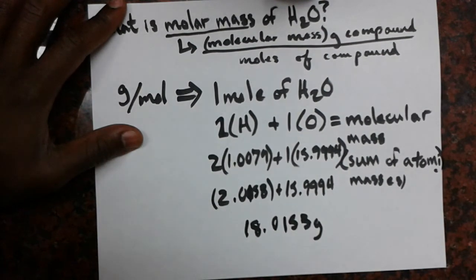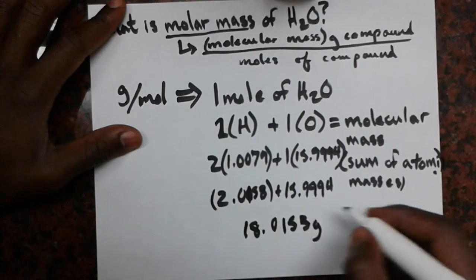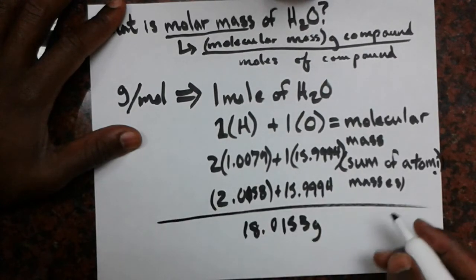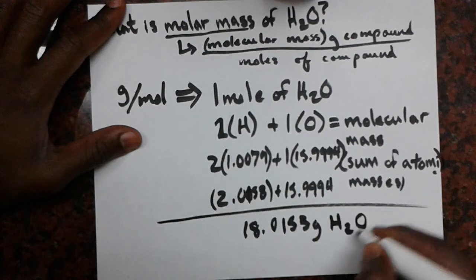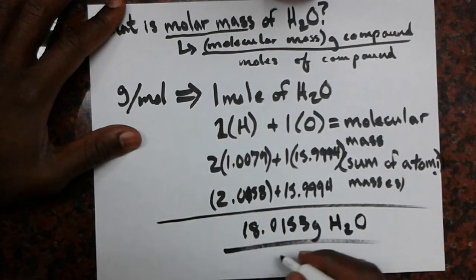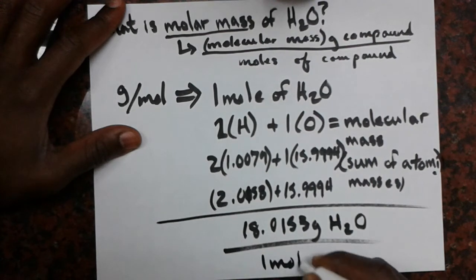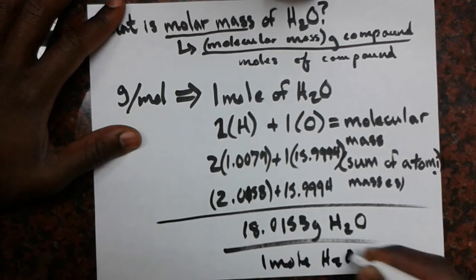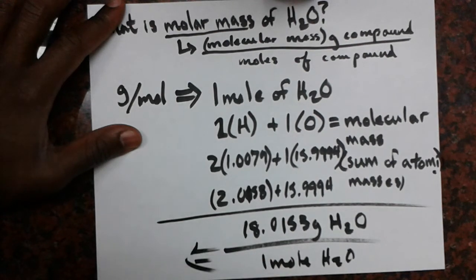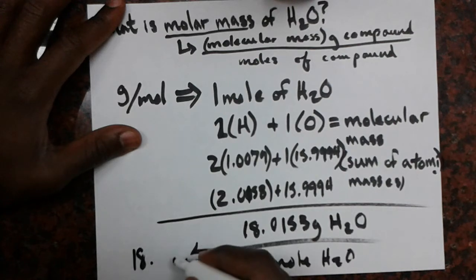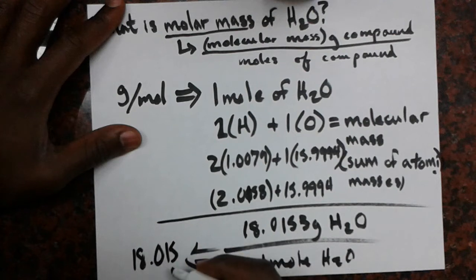Okay, so this is relatively easy. We just then divide the molecular mass by the moles. And now we have the molar mass of water is 18, essentially 18 grams per mole.